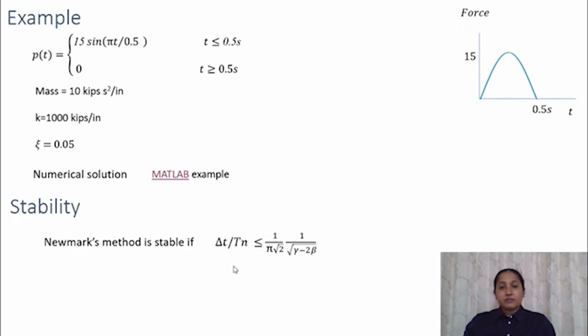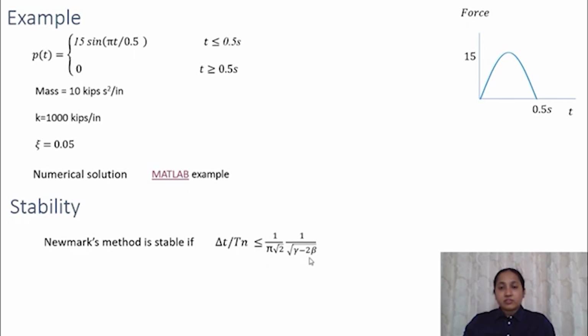So if this value is less than this, then the method is stable, and if it is greater than this value, then the method is unstable. So it can give meaningless results. So we need to make sure that the delta t, that is the time step we are choosing, is such that this quantity is less than this.